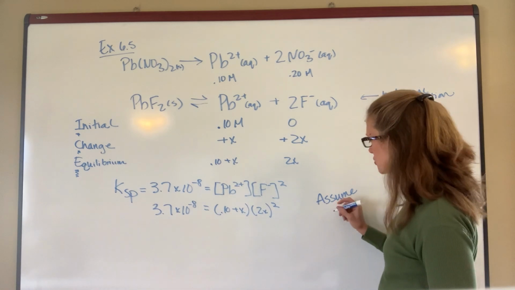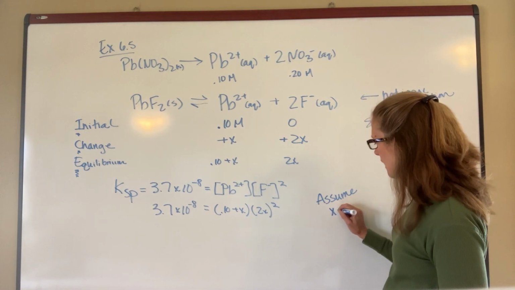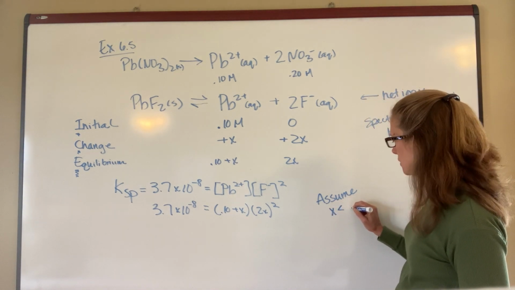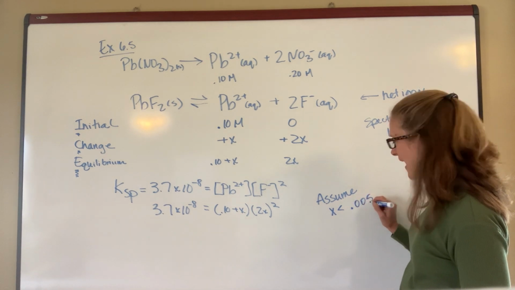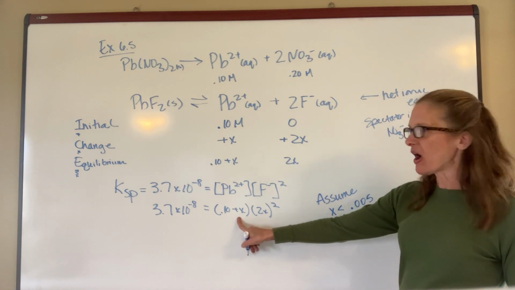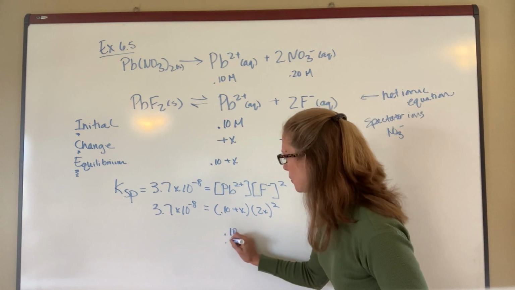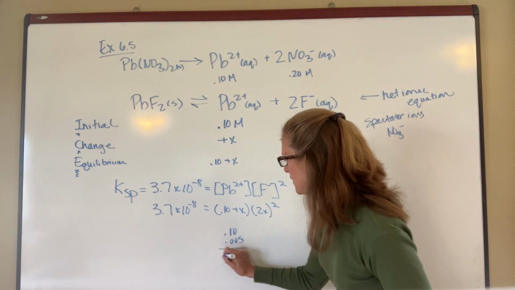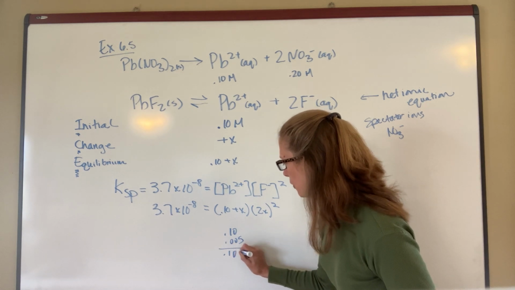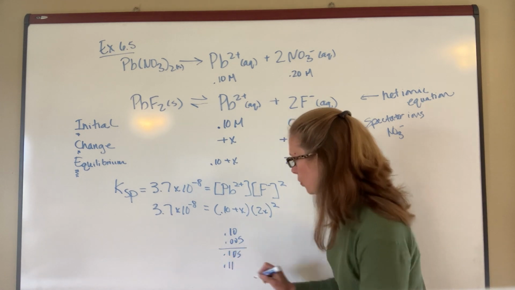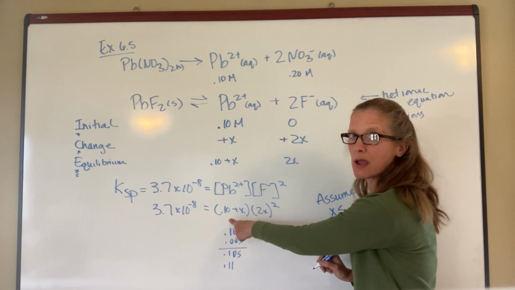So as long as X is smaller than 0.005, I'll be fine. If I take 0.10 and add 0.005, that's going to be 0.105, and that's going to round up to 0.11. Well, then I just affected it, didn't I?